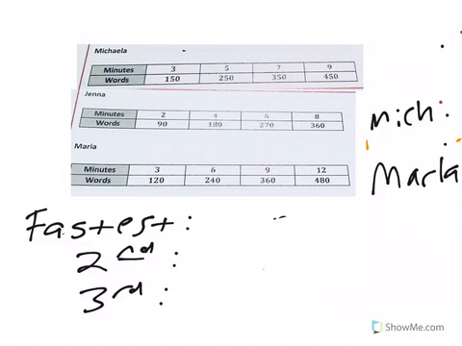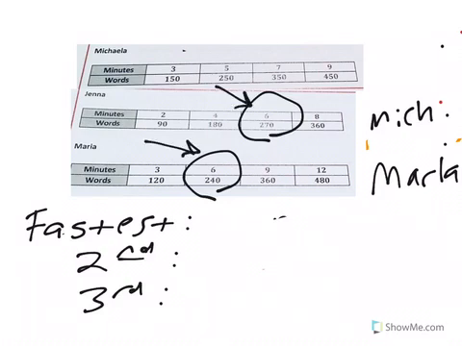So now I have to find another comparable piece of data. And if I look, I can see it right here. Jenna and Maria, we know how many words they typed for 6 minutes each. So there is another comparable piece of data. I can see that in 6 minutes, Jenna typed, it's kind of hard to see, but it's 270 words. And in 6 minutes, Maria only typed 240.